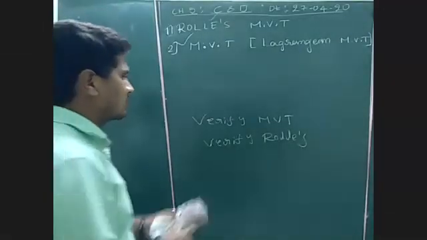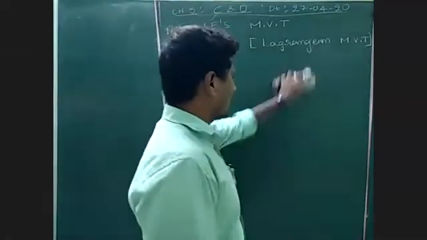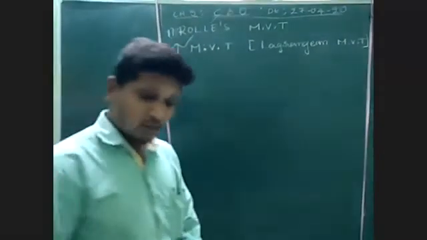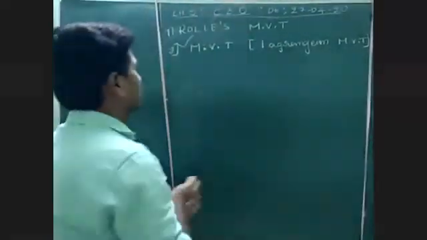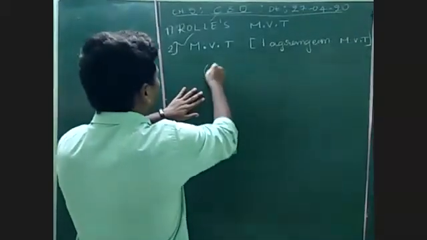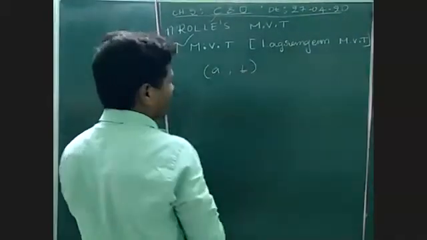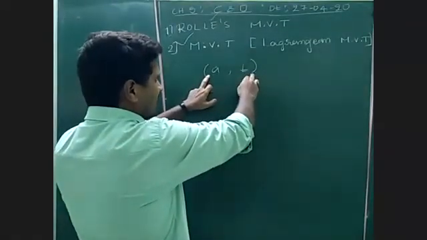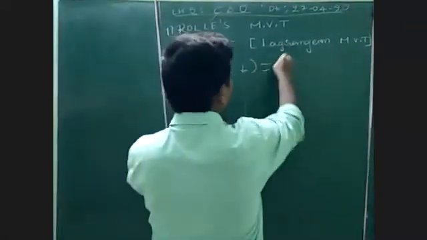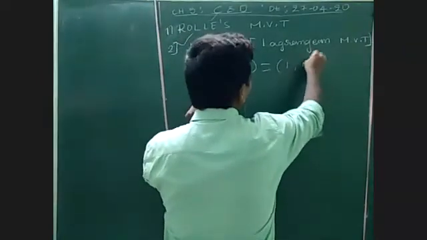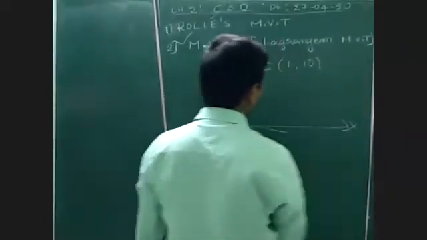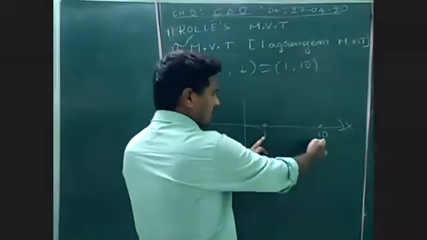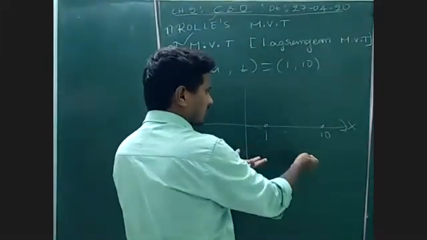In that, first of all, you should know about open interval and closed interval, right? This is very important. As we know, open interval a comma b means the end points do not belong to the given interval. For example, take the open interval 1 comma 10. On the x-axis, 1 here and 10 here, including 1 and 10 or excluding? Excluding.